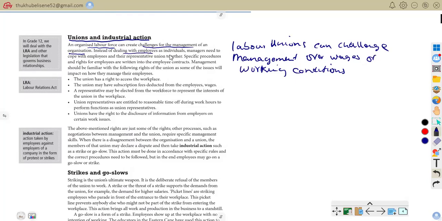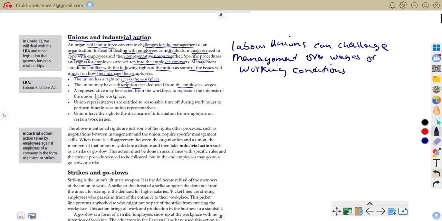Instead of dealing with employees as individuals, managers need to work with employees and their representative union together. Specific procedures and rights for employees are written into employees' contracts. Management should be familiar with the rights of the union, as some of these issues will impact how they manage the employees. The union has the right to access the workplace. So as a manager or employer, know very well that they are allowed by the act to access the workplace. The union may have subscription fees deducted from the employees' wages.